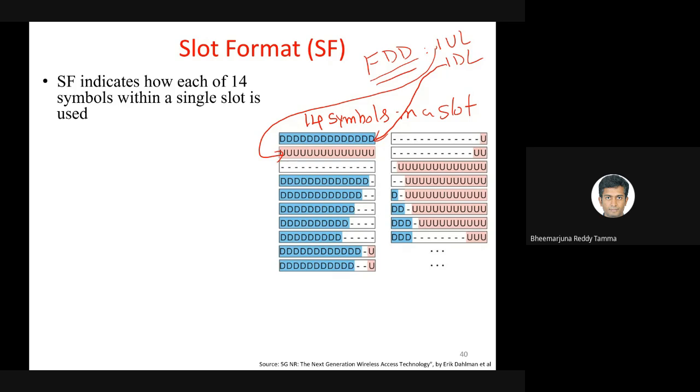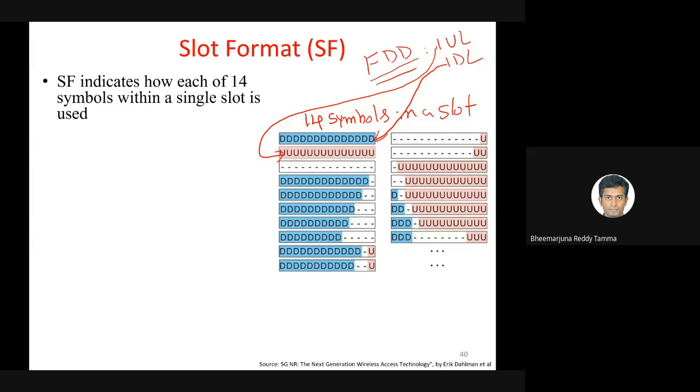In FDD, once I decide that this is my downlink channel bandwidth and this is uplink channel bandwidth, you figure out how many resource blocks will be coming in downlink and uplink. All the resource blocks in the downlink will be always available for downlink transmissions. All of them in the uplink will be available for uplink transmission. When the traffic is bursty and sometimes there is more traffic in uplink compared to the downlink, you cannot do anything in the case of FDD.